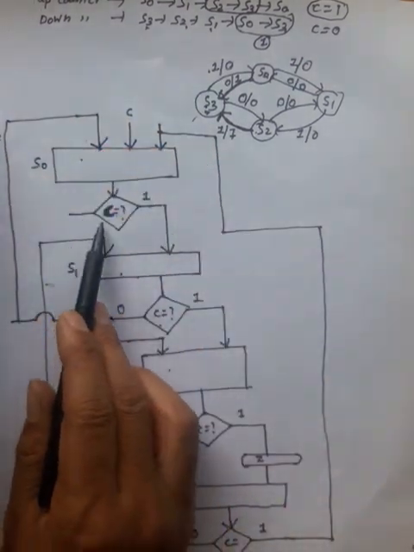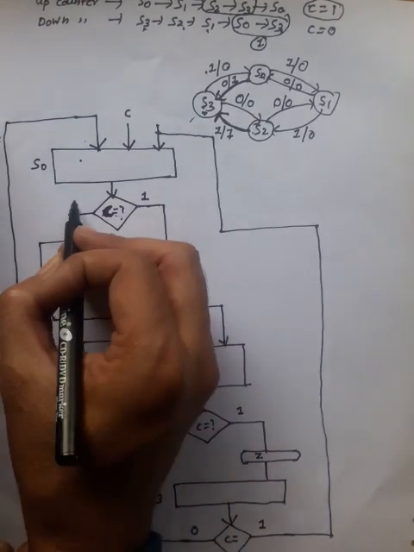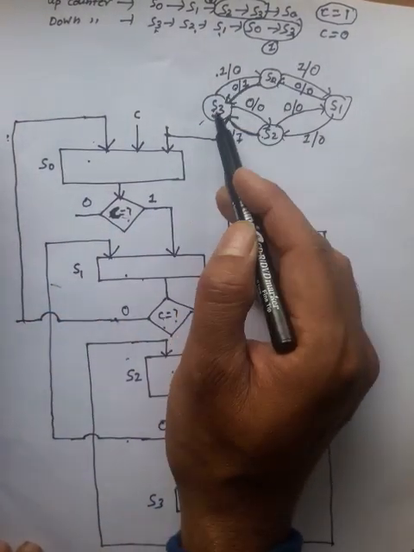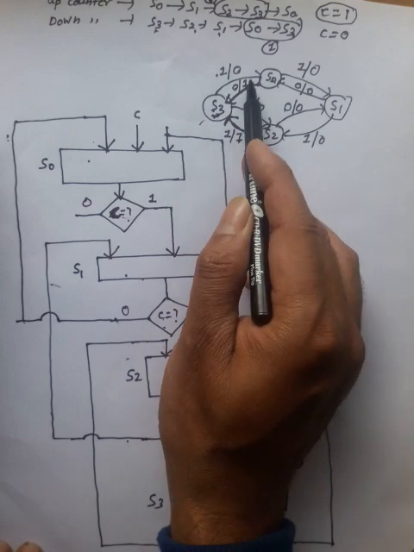Now for the last value, when C equal to 0, from S0 it is going to S3 and output is 1.